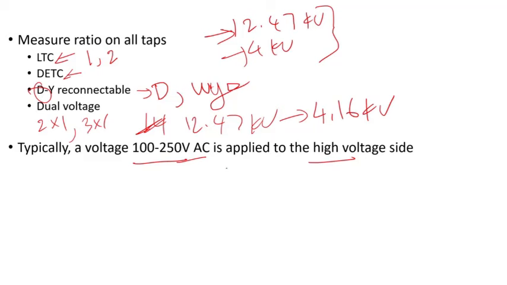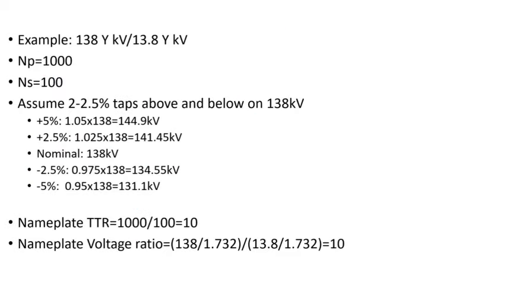And also, you don't want to go beyond that, again, for safety purposes. Some equipment might have a control so as not to exceed that 250 volts AC, but again, it's for safety purposes.